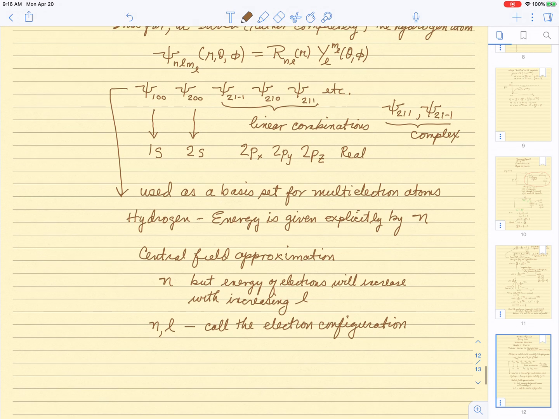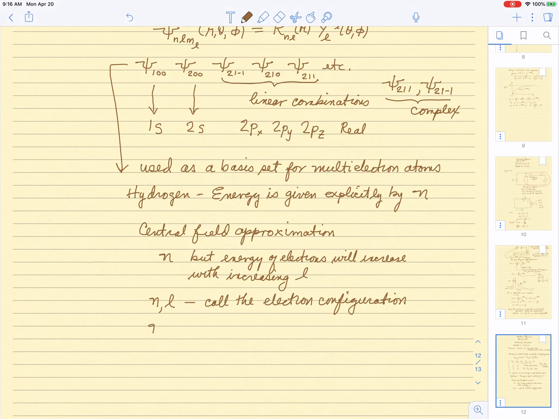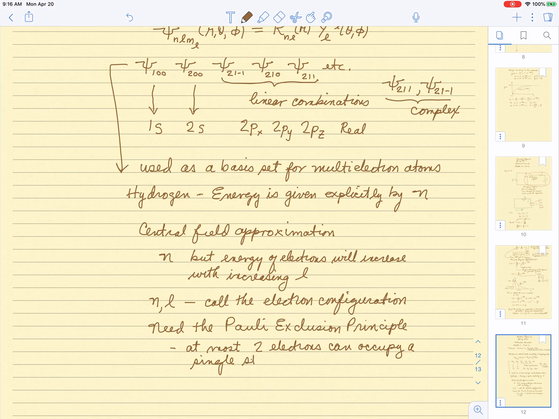We also need the Pauli exclusion principle, which we did great service to a couple of lectures ago. The Pauli exclusion principle states that at most two electrons can occupy a single state.